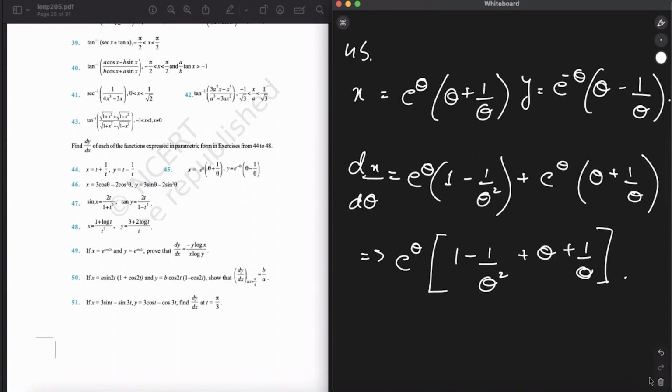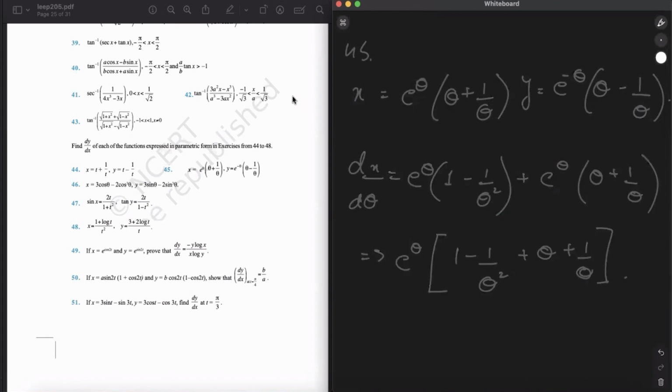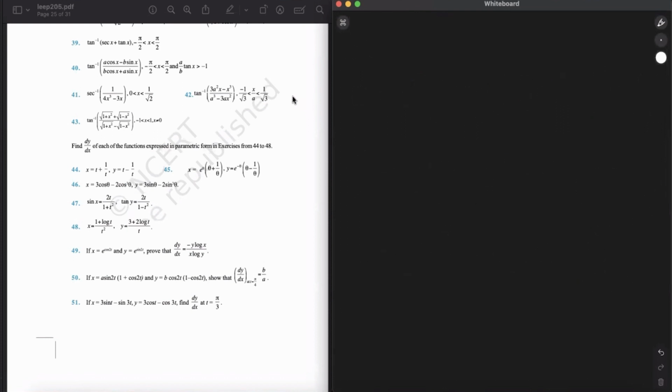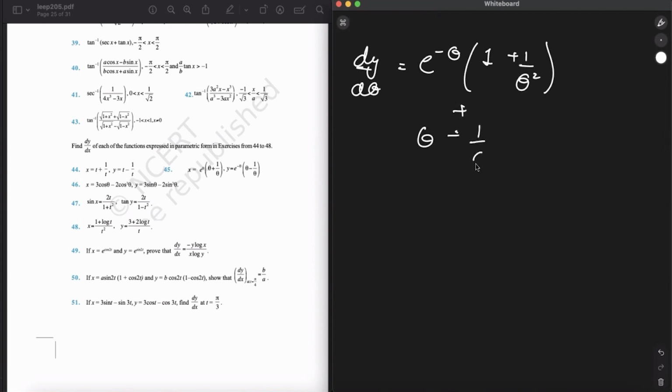Okay, and now for dy by dx, now for dy upon d theta, first of all I'll keep this as constant, and differentiating inside I'll be left with plus 1 upon theta square, and then I'll keep this part as constant, theta minus 1 upon theta, and minus e raised to the power of minus theta.